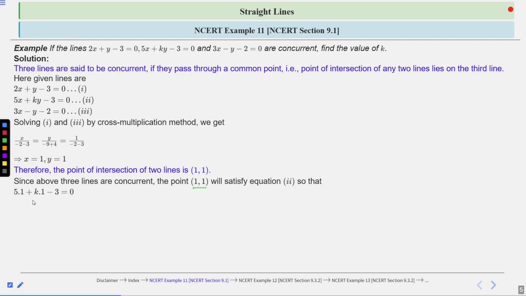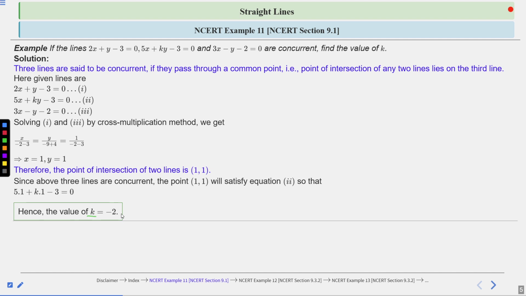So here we can put x equal to 1 and y equal to 1, and then we obtain 5 times 1 plus k times 1 minus 3 equal to 0. Now if we solve this equation, you will get the value of k is minus 2. Hence the value of k is minus 2.